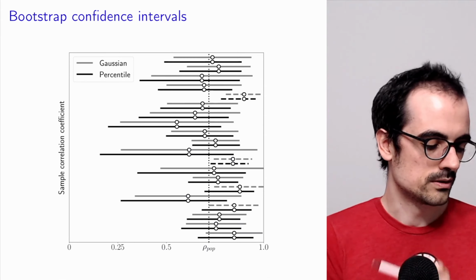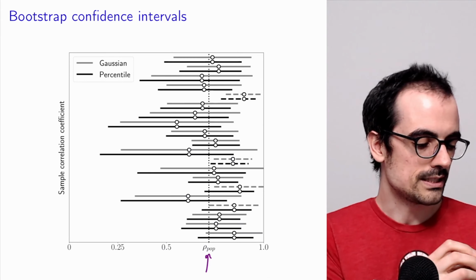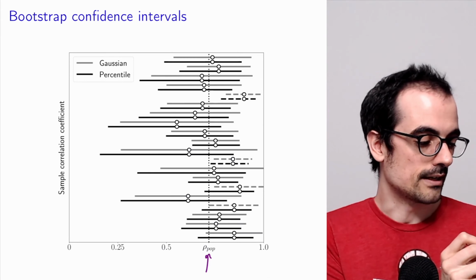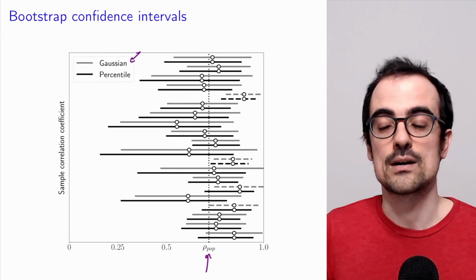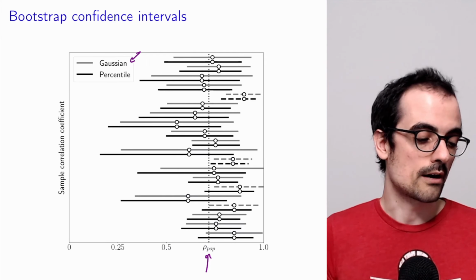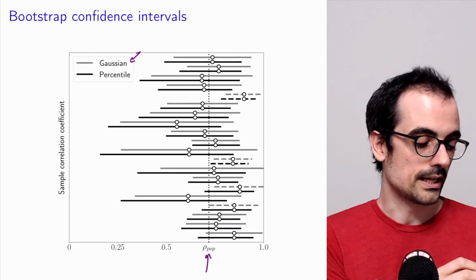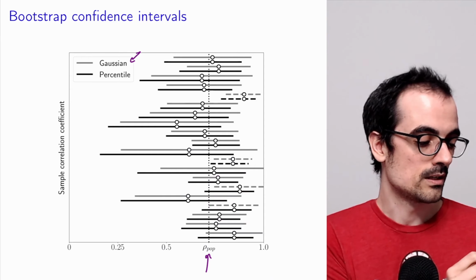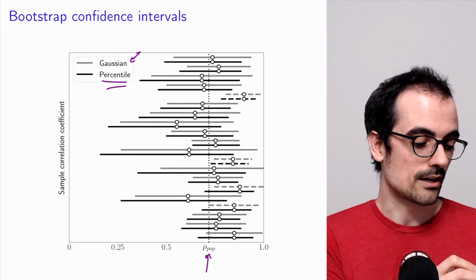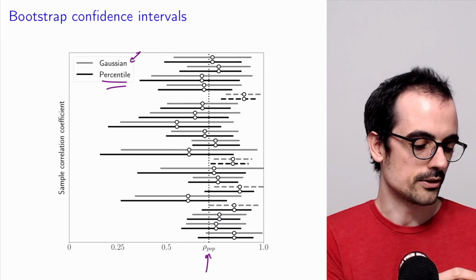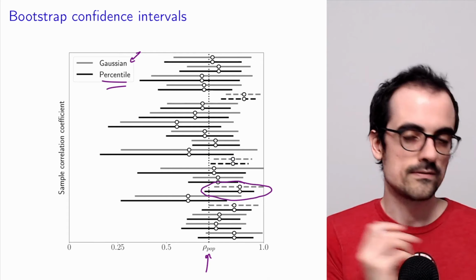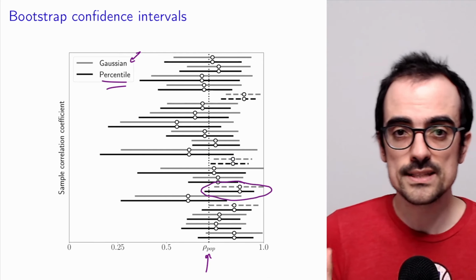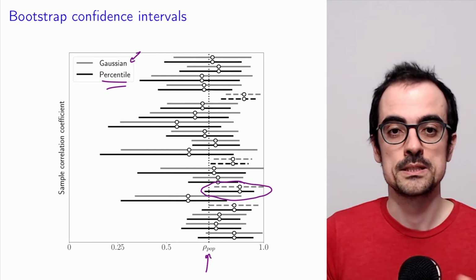This is the true correlation coefficient, and what we see is that the Gaussian confidence intervals, which are in gray, fail to contain the population parameter more often than the percentile confidence intervals, which are able to adapt to this skewedness of the sample correlation coefficient estimator. Here you see it quite clearly.